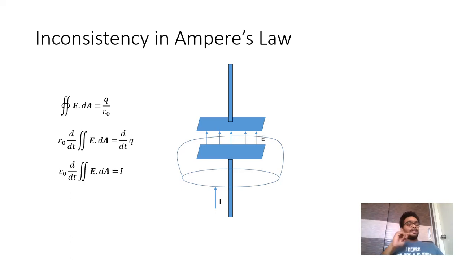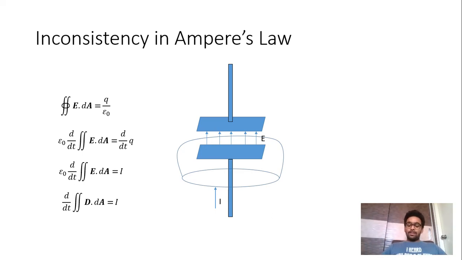It is the change in the double integral of epsilon naught times E dot dA, and that is nothing but the change in the double integral of electric flux density, D. Sorry. So D is electric flux density, and if you integrate D, you will get electric flux. So the current is changing into the electric flux.